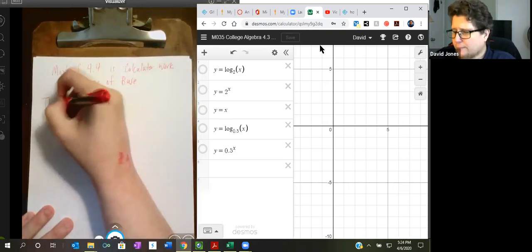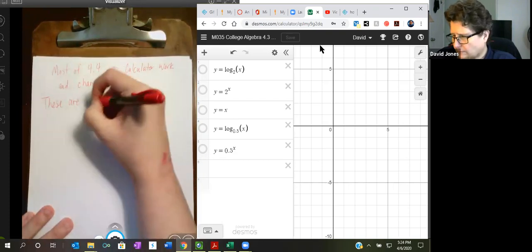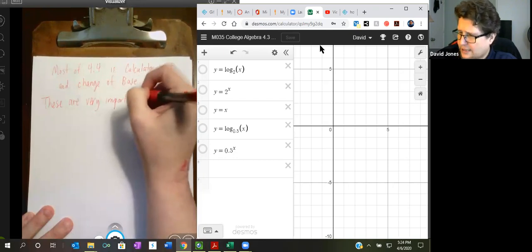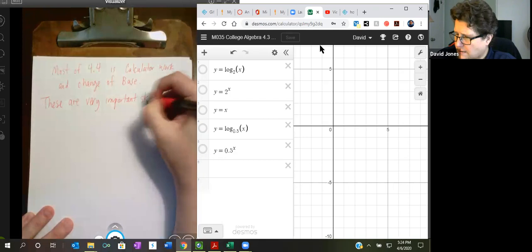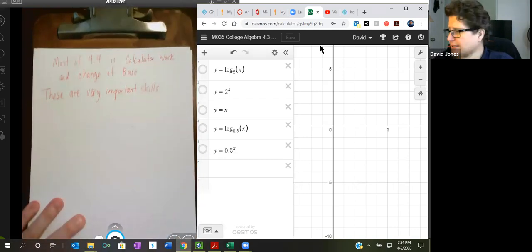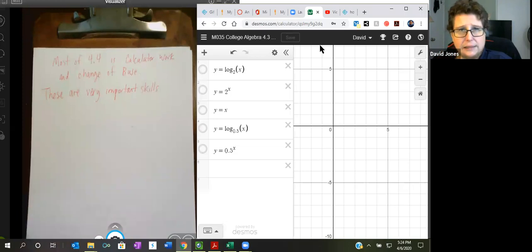These are very important skills. However, there's a lot of word problems in there. I think there's 33 problems and like 8 of them are word problems.